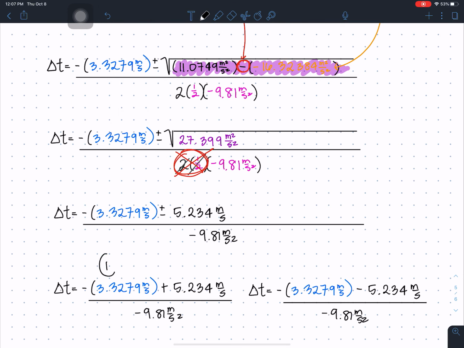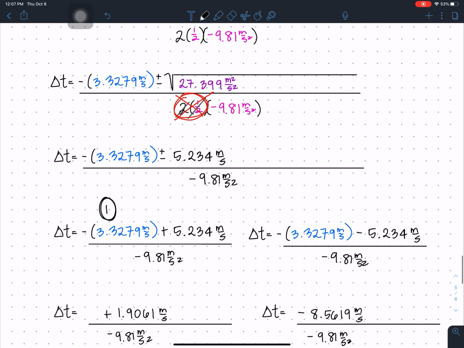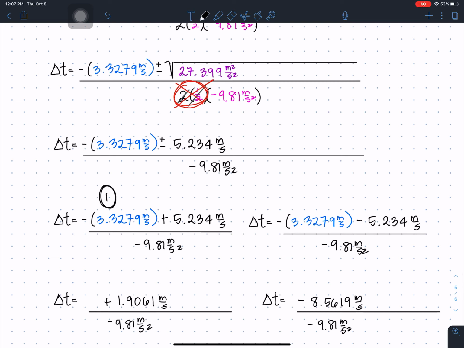With option 1, so I'll just put a 1 right here, we see that if we choose a positive 5.234 meters per second in the numerator, we will get a positive numerator. And with option 2, if we subtract 5.234 from our negative 3.3279 meters per second, we get a negative numerator.